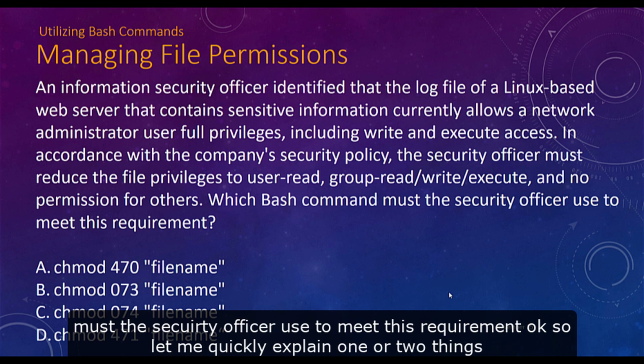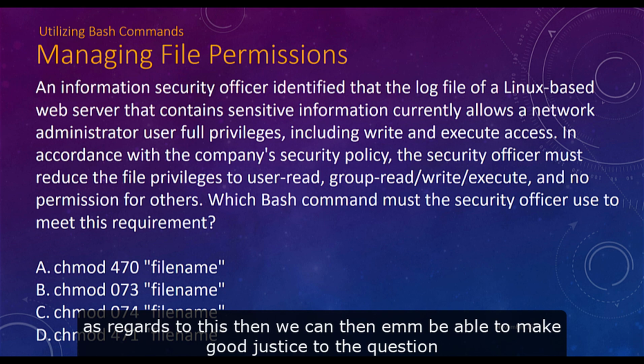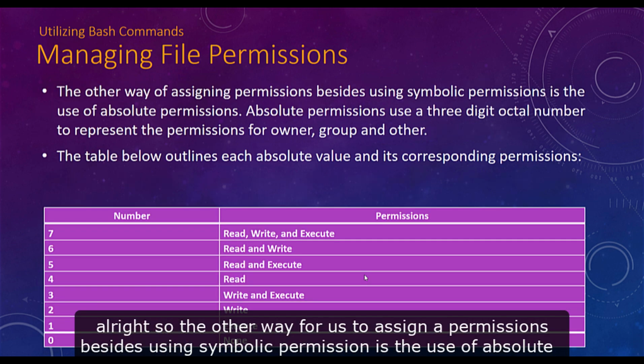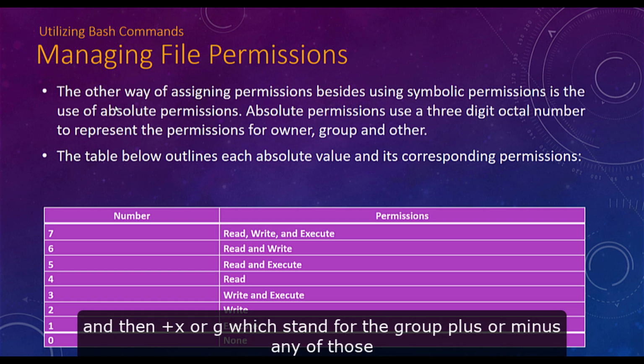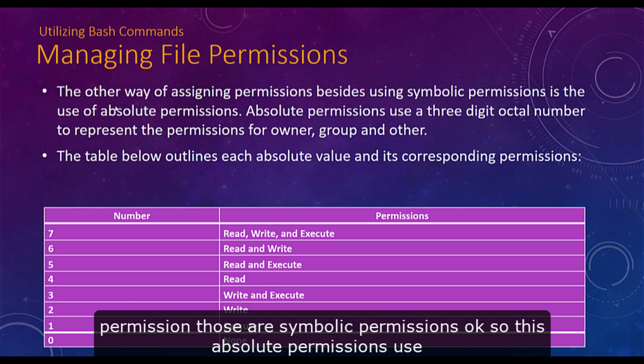Let me quickly explain one or two things regarding this, so we can do justice to the question. The other way to assign permissions, besides symbolic permissions, is absolute permissions. The one we did before is the symbolic permission, where we have U plus X or G for the group, plus or minus any of those permissions.